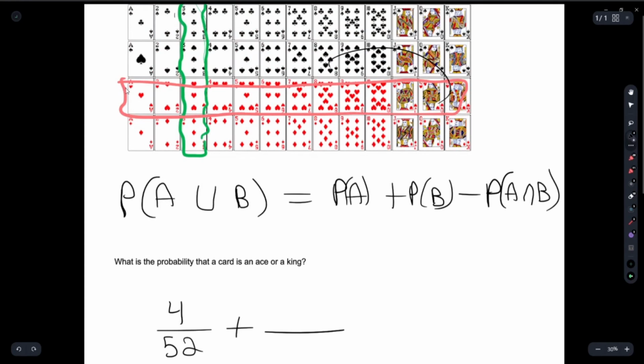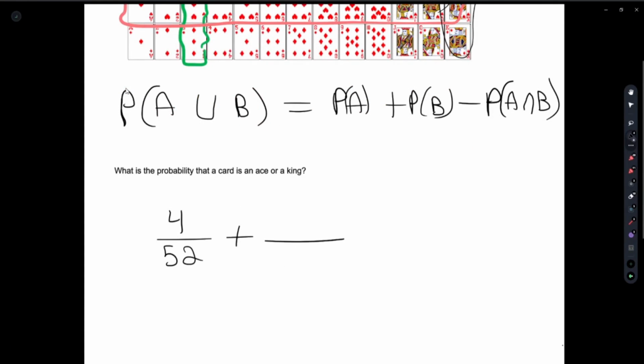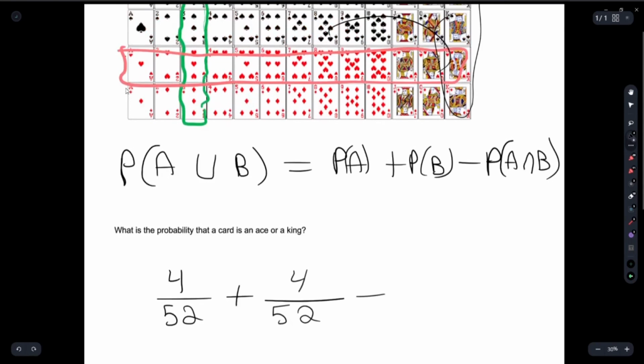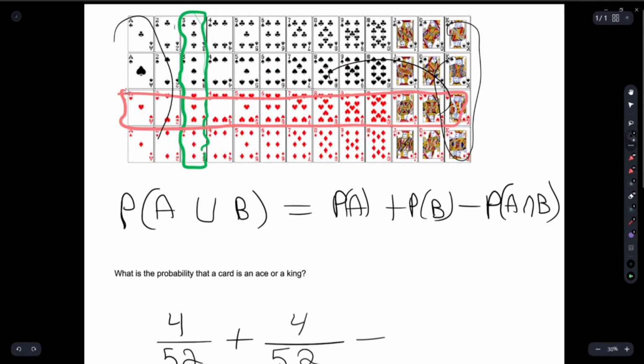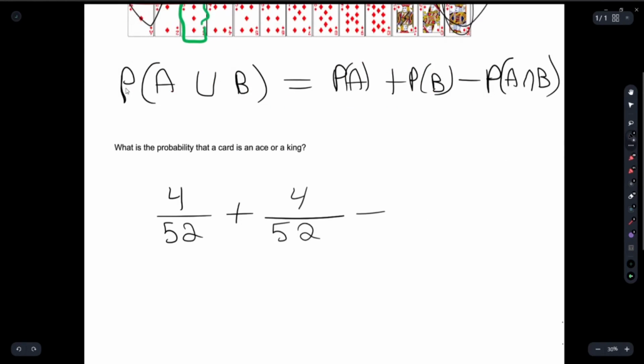There are 4 king cards. So it's 4 over 52, which is again the number of cards in the deck. Then minus the intersection. But here, since it's an ace and a king, there are no intersections. So it's minus 0 over 52. So it will just be 8 over 52, and then you simplify. It becomes 2 over 13.